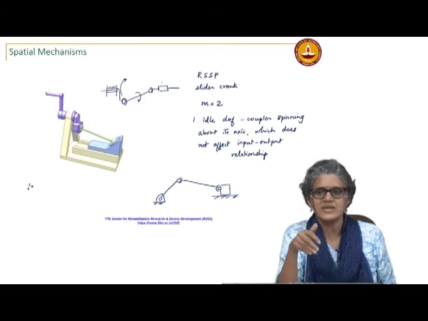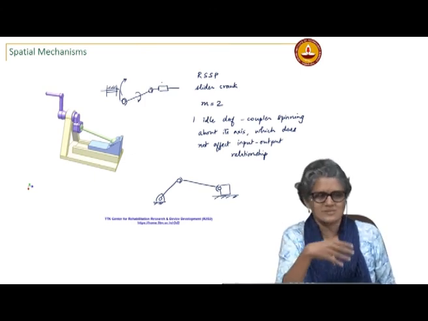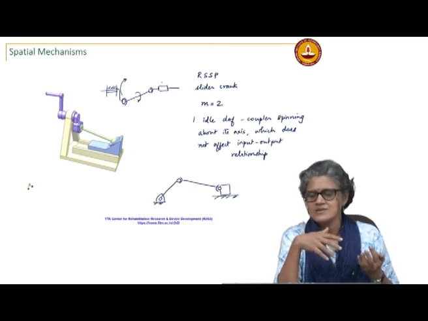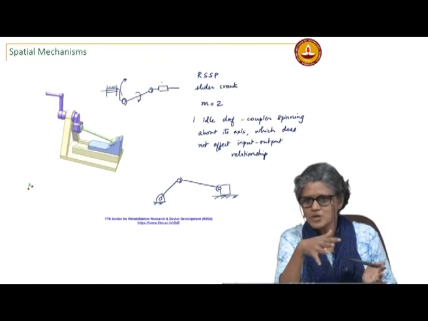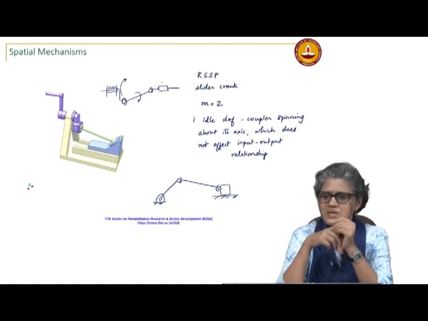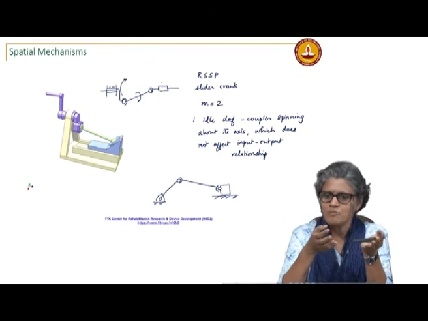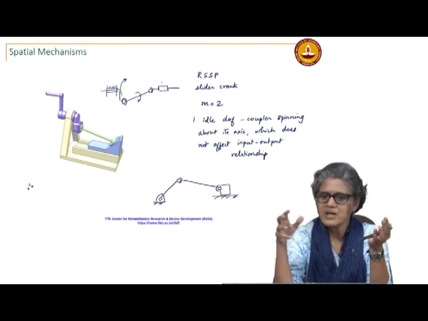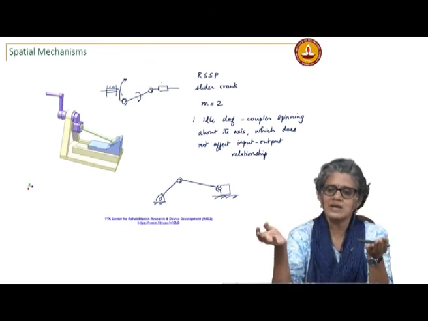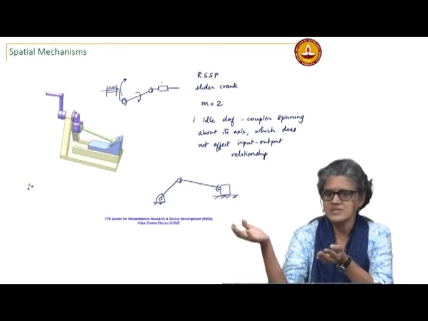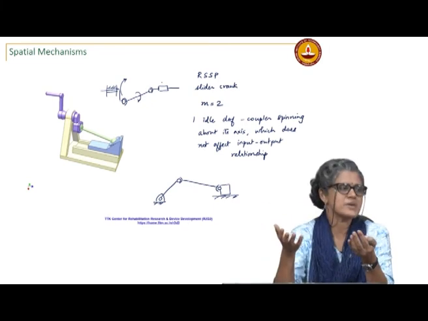In the special case, special geometry, you can always play around with the geometry to come up with something special. Like you have your 4 bar, typically your coupler has complex motion. You have a parallelogram linkage, your coupler has only translation. You can always play with geometry.